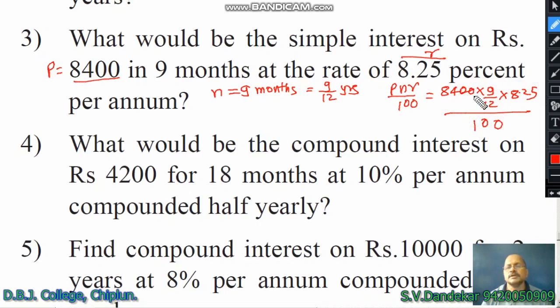Now here the zeros cancel out, 9 into 7 into 8.25, take the product and whatever may be the product, that will be your answer.